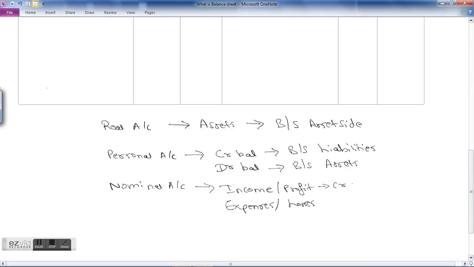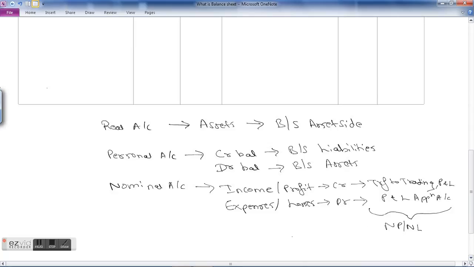Income and profit will have a credit balance. These will be transferred to either your trading, P&L or P&L appropriation account depending on the nature of the items. When you transfer all these accounts to your trading, P&L and P&L appropriation account, you arrive at a net profit or net loss.